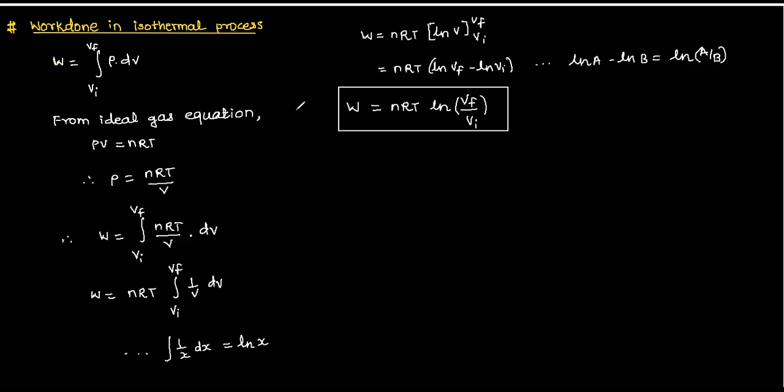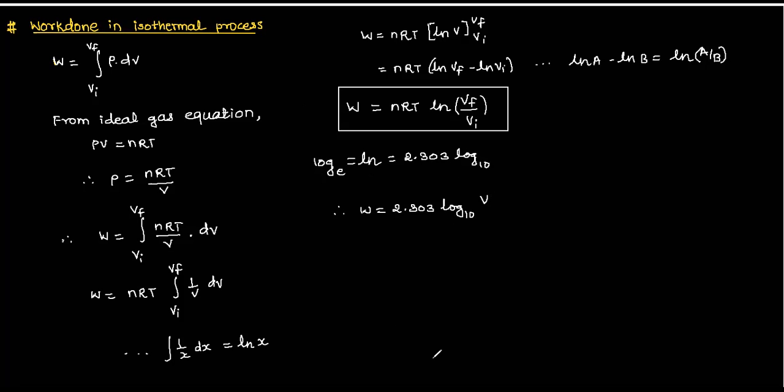Okay, understood. Now this is ln, right? But ln is equal to 2.303 log to the base 10. ln means log to the base e. This is your conversion. So therefore, you are getting now W is equal to 2.303 times nRT, which is left, no?